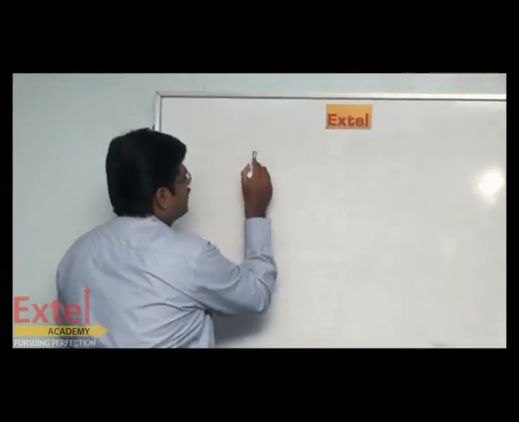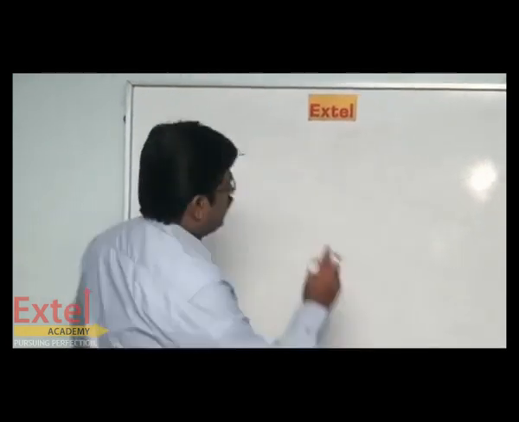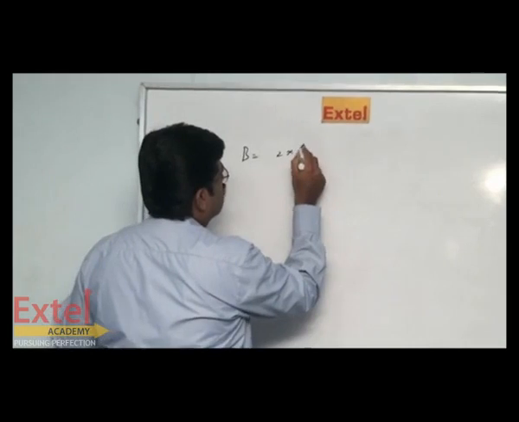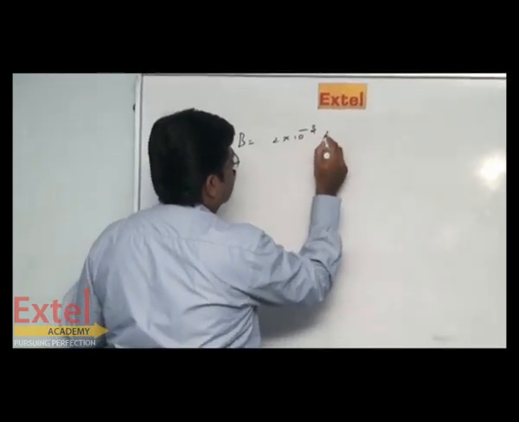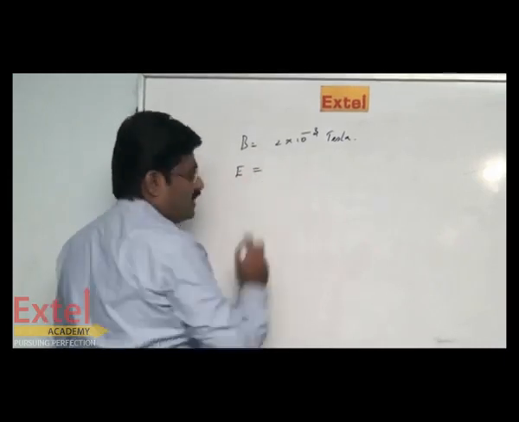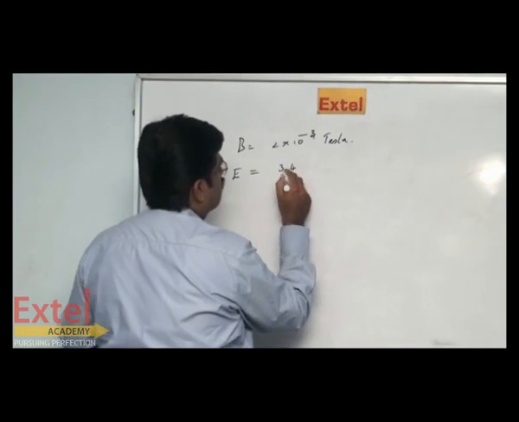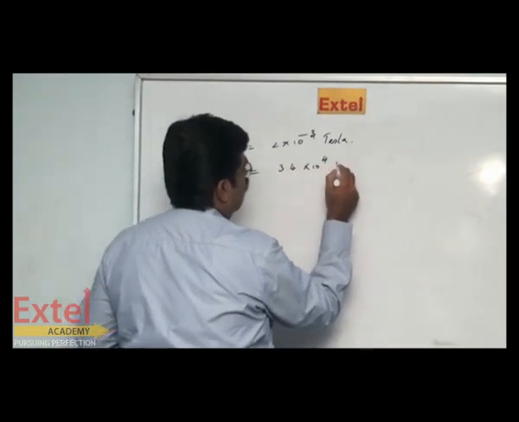So the magnetic field strength is given as 2 into 10 to the power minus 3 Tesla. The electric field strength is given as 3.4 into 10 to the power 4 volt per meter.